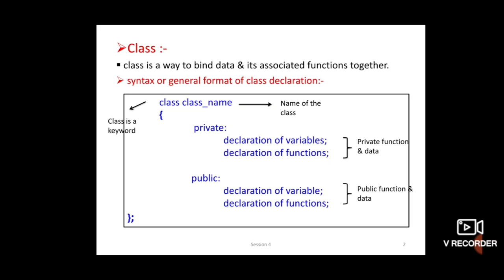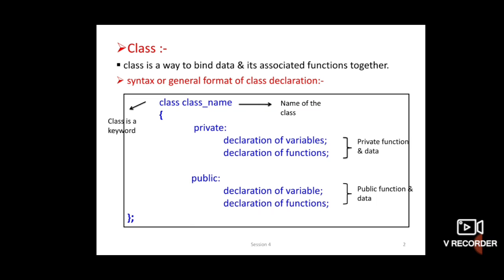The body of the class contains declarations of class members, which are variables and functions. They are generally grouped under two sections, namely private and public.